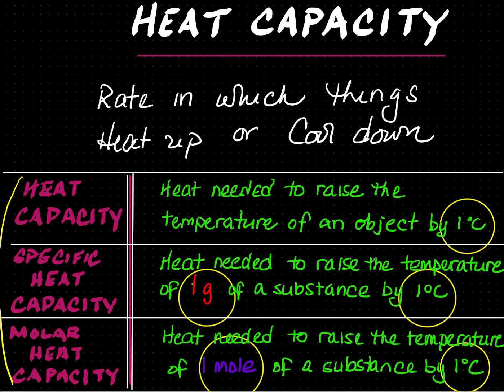Heat capacity is a generic statement requiring heat to change the temperature by 1 degree. Specific heat capacity is the heat required to change 1 gram of substance 1 degree Celsius, and molar is to change 1 mole of a substance 1 degree Celsius.